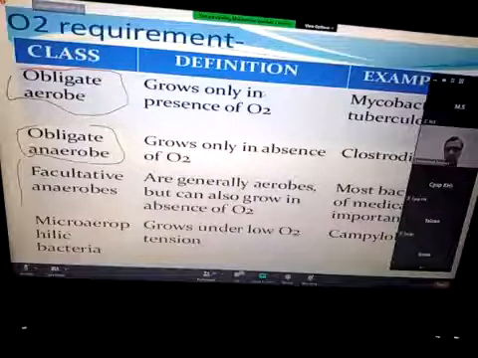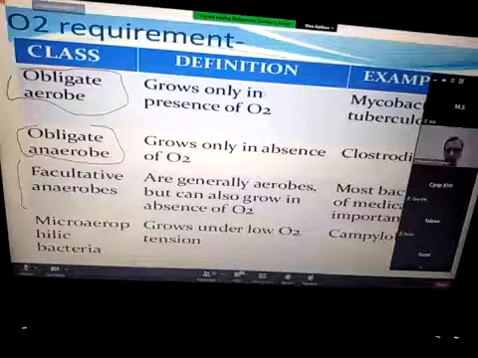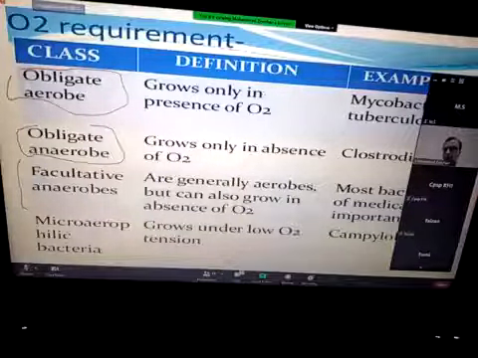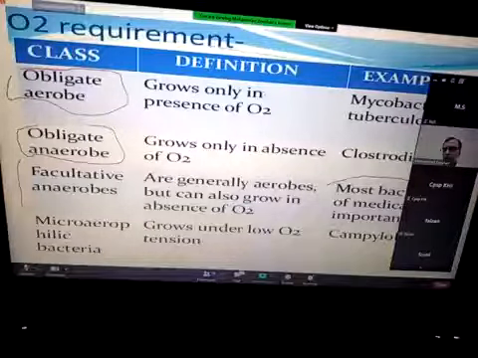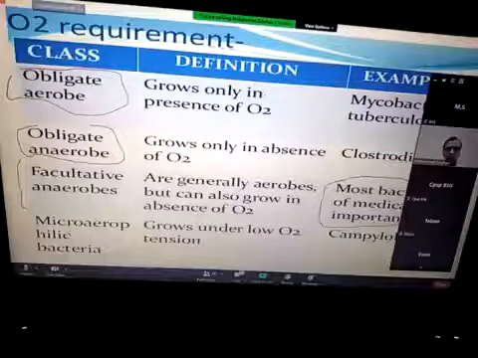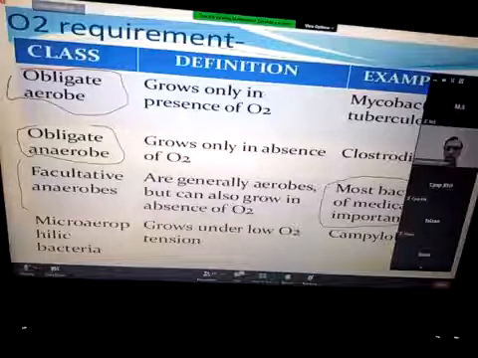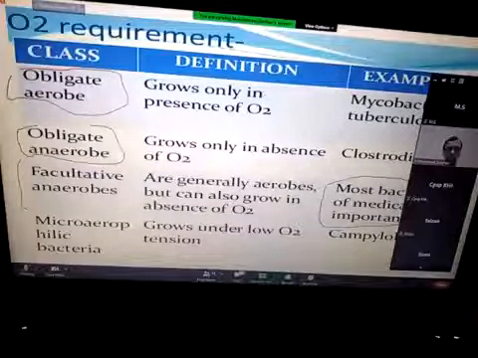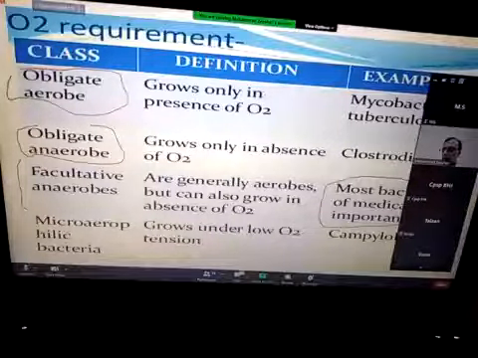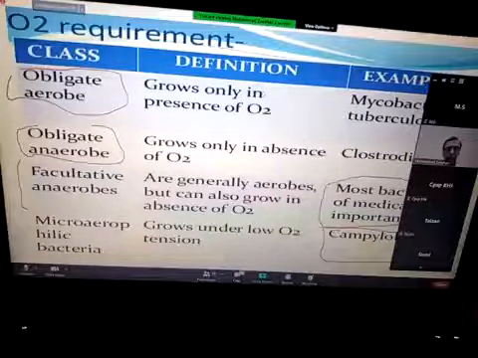But the majority of organisms are facultative anaerobes, which we can easily grow in the laboratory. They generally grow in aerobic conditions, but they can also grow in the absence of oxygen. Most of the bacteria of medical importance that we grow in the laboratory are facultative anaerobes.